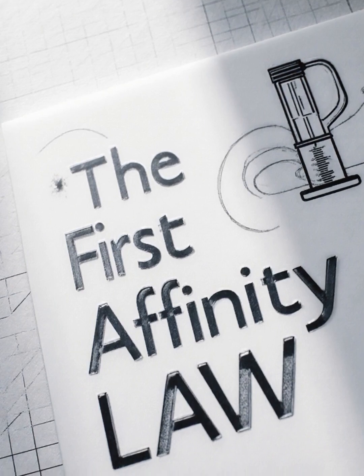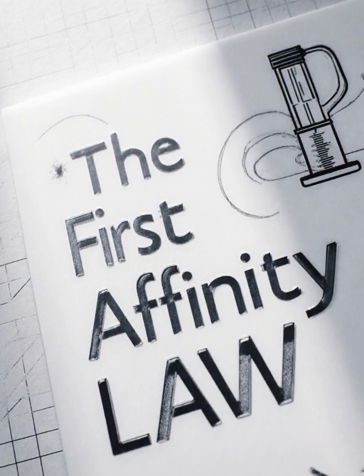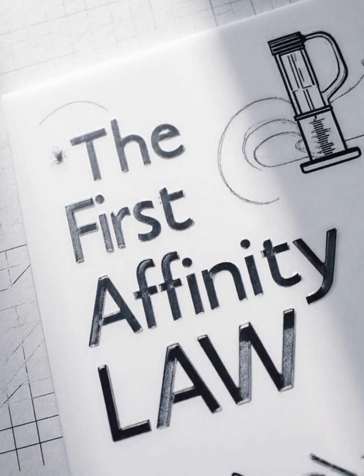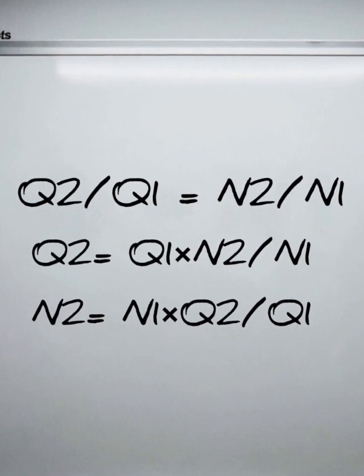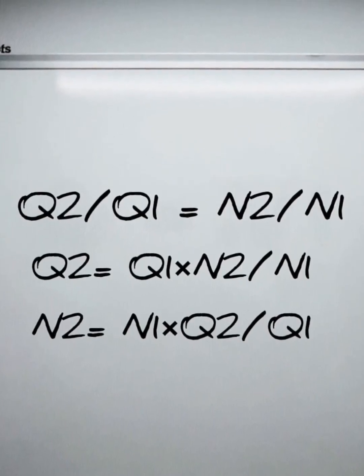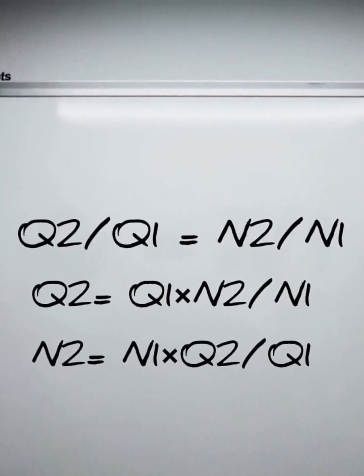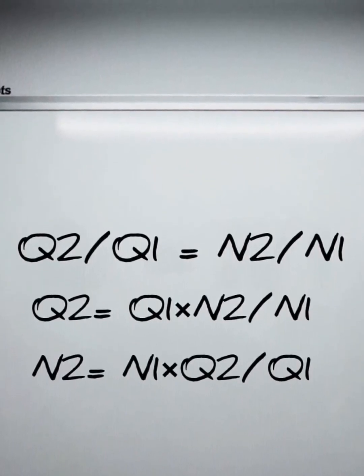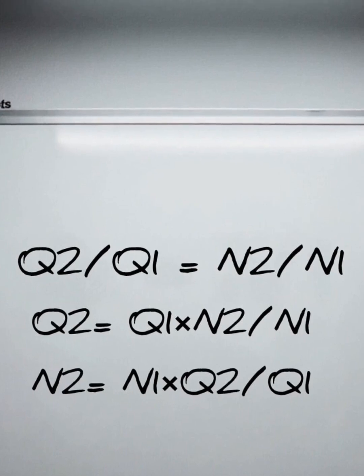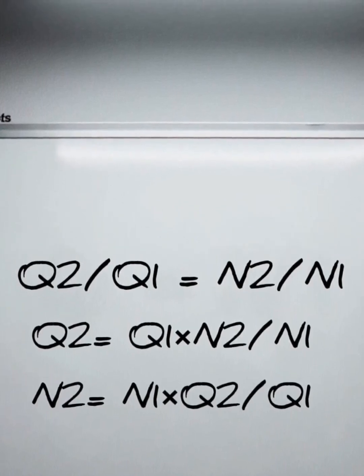The first affinity law relates changes in pump speed to changes in flow rate. The formula Q2 equals Q1 times N2 divided by N1 is used, where Q is flow rate and N is speed.